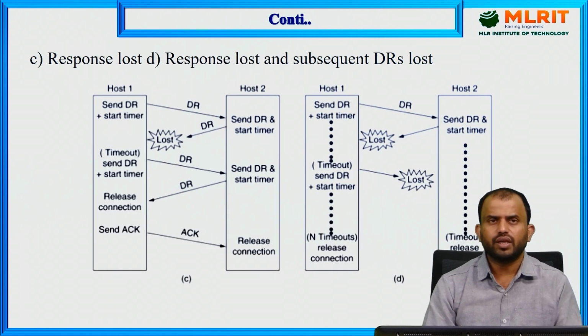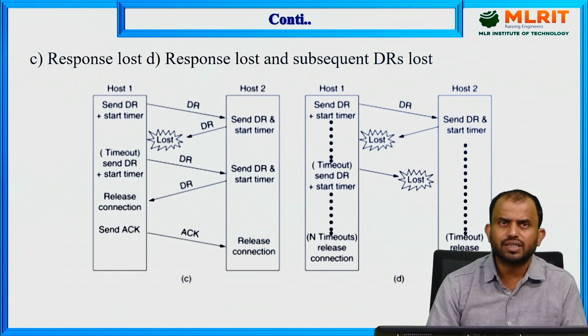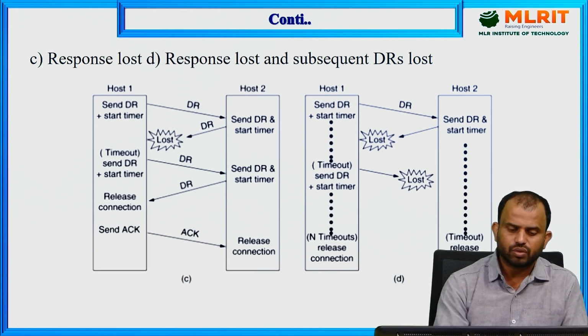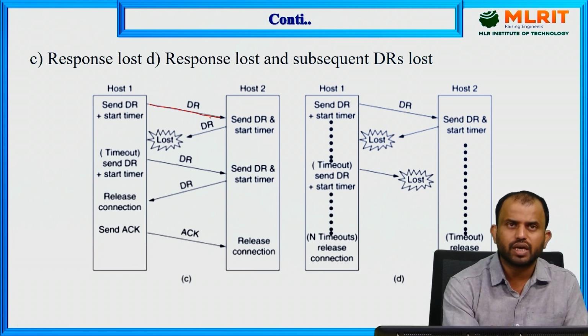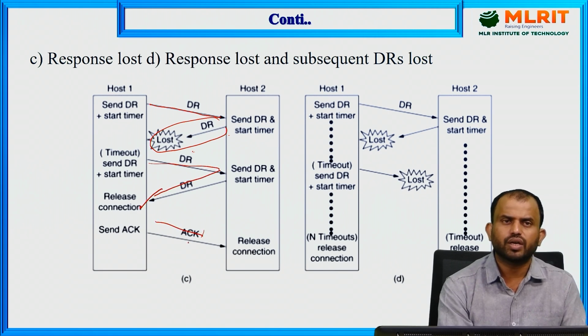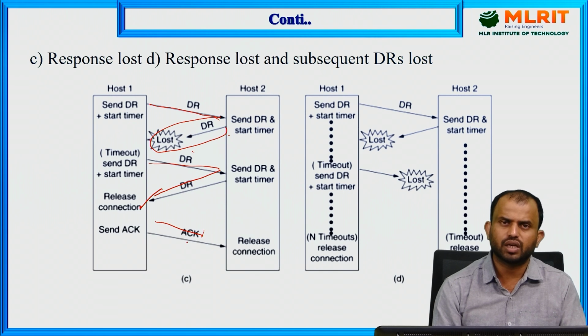The next one is the response lost, as well as the response lost and a subsequent DR lost. Here what happened is the first data request is raised, but the response carrying the acknowledgement to host 1 is lost. So again we go for the data request, and again the information is released. After the connection is successfully released, we get the acknowledgement, which means they release the connection.